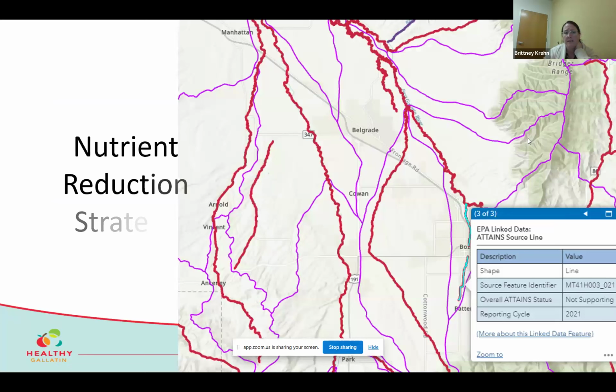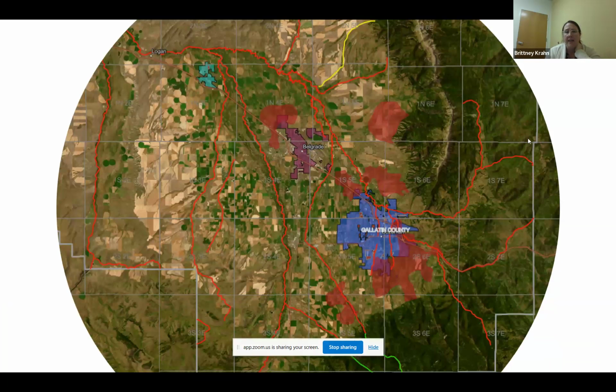So health code updates, there's a lot of updates, but mostly regarding the nutrient reduction strategy for watersheds which contain or drain to an impaired waterway, which is impaired for nitrate. So what does that look like? Well, here's all the impaired stream stretches, but the main stem of the West Gallatin is just impaired for hydrologic modification, so all the irrigation takeoffs, and has not been formally impaired for nitrates.